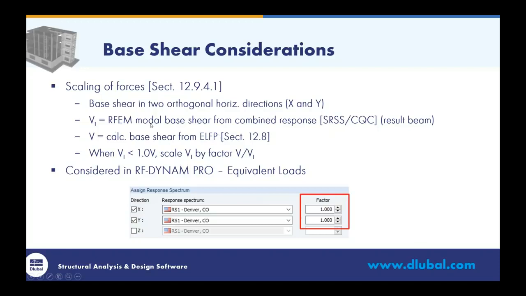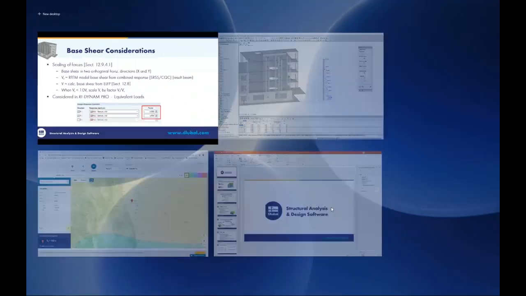Now, when our modal base shear from RFEM is less than 100% of our equivalent lateral force procedure shear, then we need to scale our base shear by a factor, and that factor is simply V over V sub t. So if you are not meeting this criteria, then you can go ahead and scale your shear forces within RFEM in RF-DYNAM Pro, and we can do so with these factor settings here.